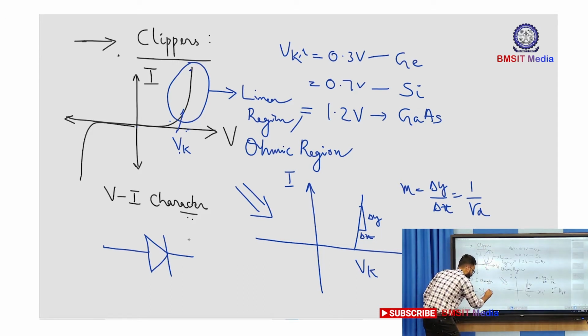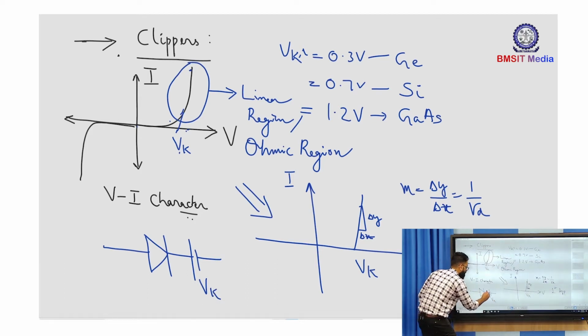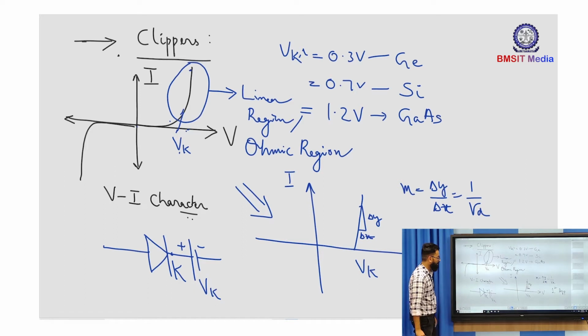So we all know that the barrier potential opposes the ready conduction of the diode, and that's the reason the barrier potential is placed with this polarity sense. So the positive terminal of barrier potential is connected to cathode terminal of the diode. So that will make sure that the barrier potential keeps the diode in off state.